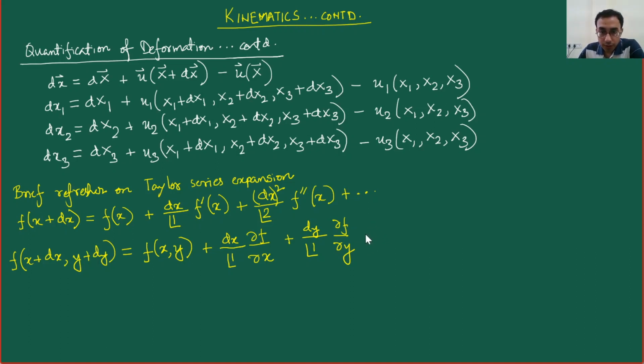For the next order, we again have dx squared by factorial 2, and this time we have del square f del x square, and we have dy squared by factorial 2 times del square f del y square.